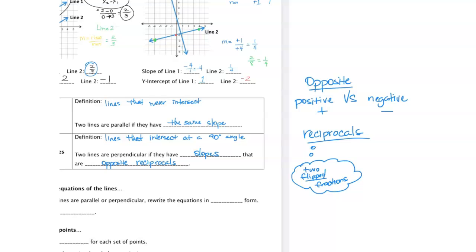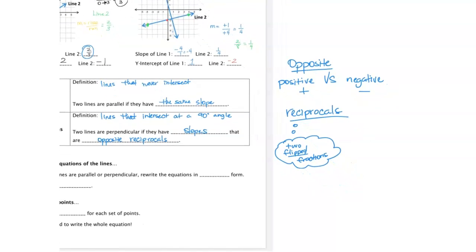So opposite reciprocals. For instance, earlier we got the two numbers -4 over 1 and 1 over 4. Here we had a fraction, 4 over 1, and it's negative. The other one, 1 over 4, is a positive fraction. So they have the opposite thing going on.